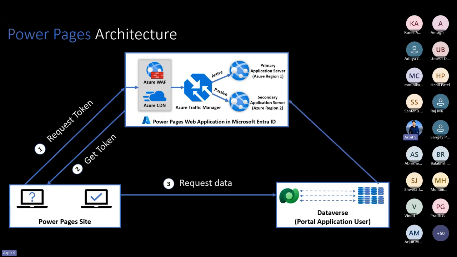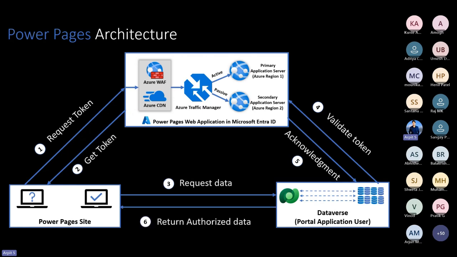Then Dataverse will cross check whether that token is valid and whether the user providing this token is authorized. Once it gets the acknowledgement back that yes, the token is valid, the Dataverse provides access to the data to the Power Pages side. Okay, so this is how the whole architecture works.